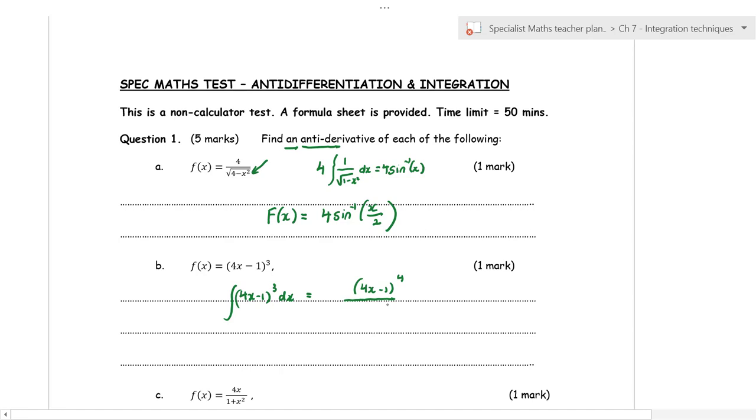We're then dividing through by that power of 4, but what are we also multiplying by? 4, the chain rule in reverse. So instead of timesing by 4, we're dividing by 4. So what you should have is 4x minus 1 to the power of 4 over 16. Okay?